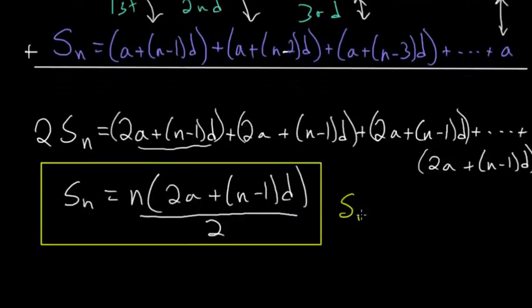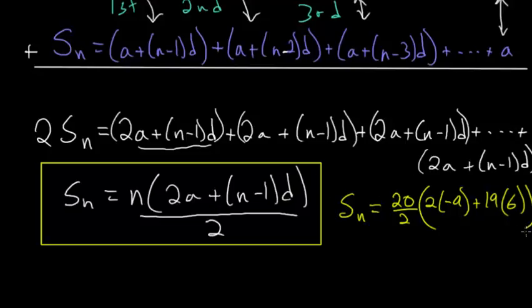So our S sub n is n, which is 20, divided by 2, and then twice the first term, so twice -9, plus n minus 1, so 20 minus 1, which is 19, multiplied by the difference, or 6.